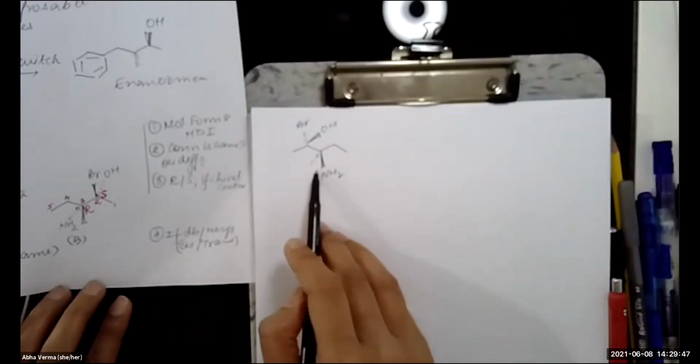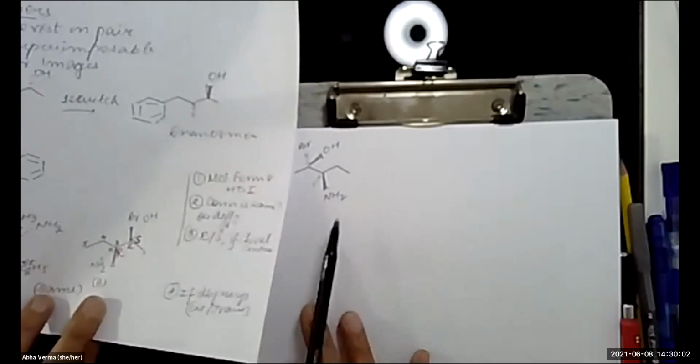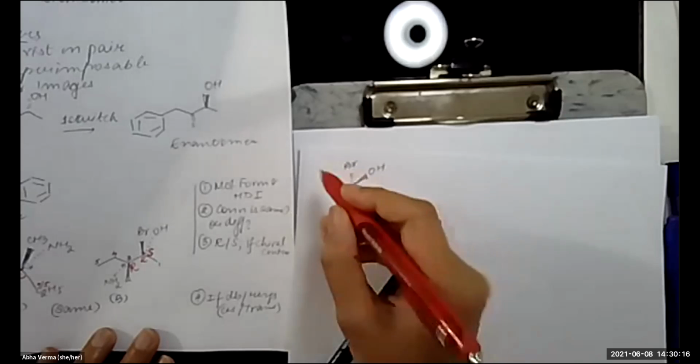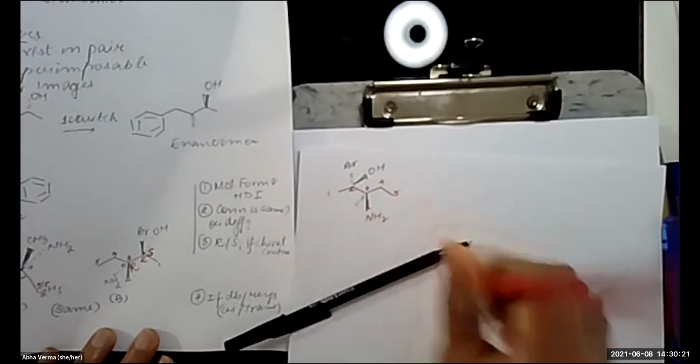So what has happened between these two structures? I have flipped the structure horizontally. Whereas my bromine was starting from here, if I start from here, number 1, 2, 3, now I will be starting my counting from 1, 2, 3, 4, 5.